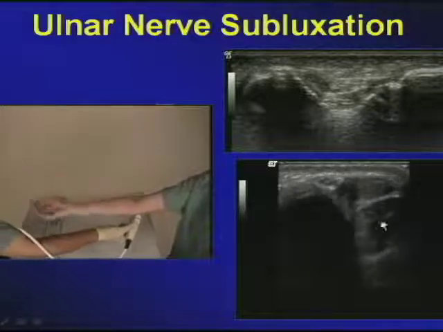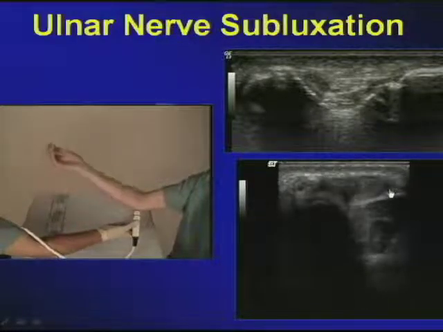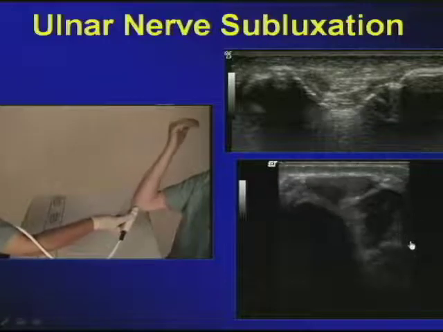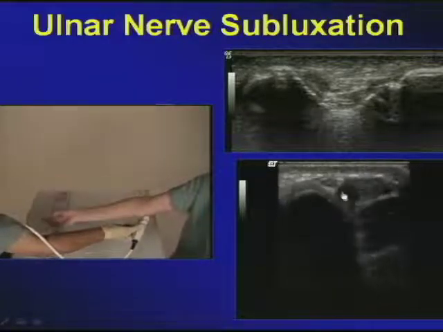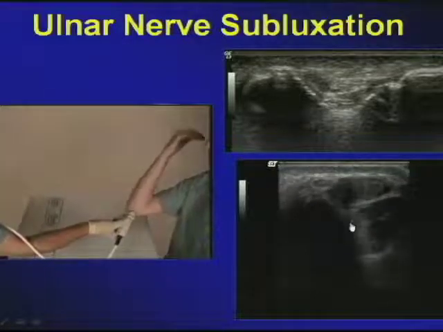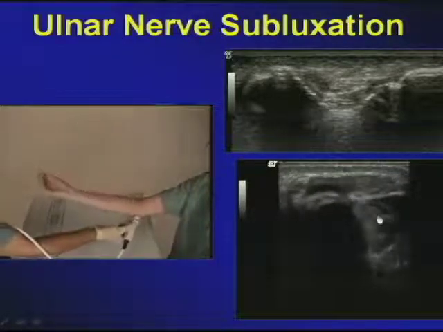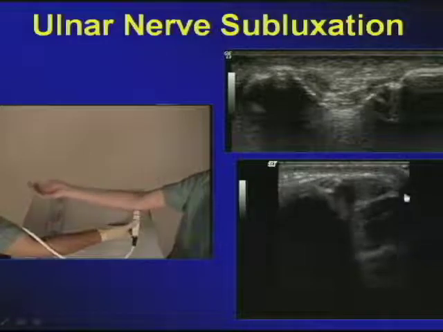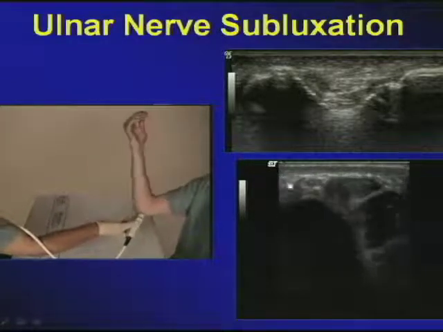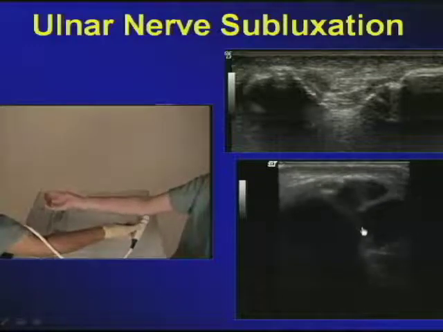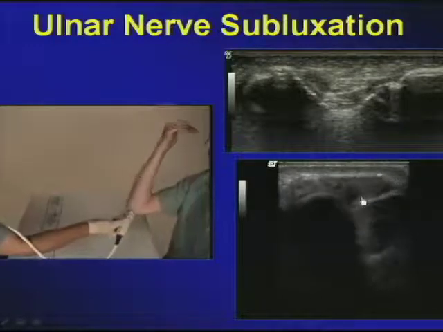And if you can continue to hyperflex the individual, you might even get to see the snapping triceps syndrome, wherein not only does the ulnar nerve sublux when you extend, but the triceps muscle itself may indeed contribute to its subluxation and dislocation by pushing it out of the cubital tunnel.